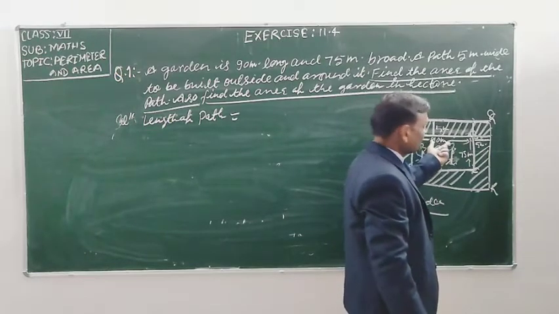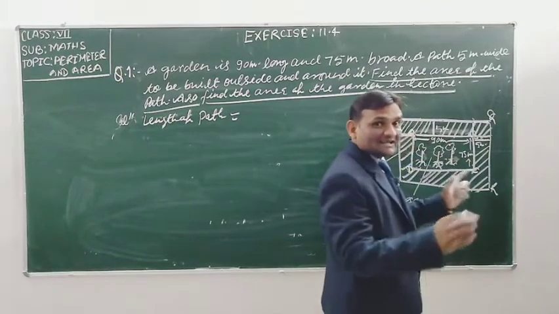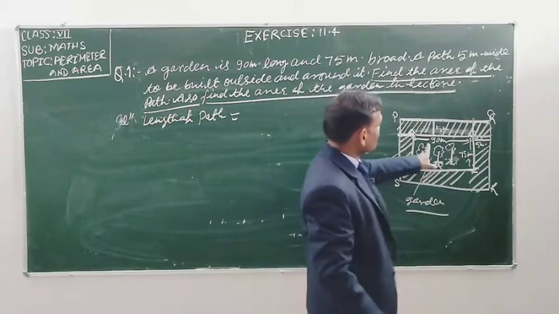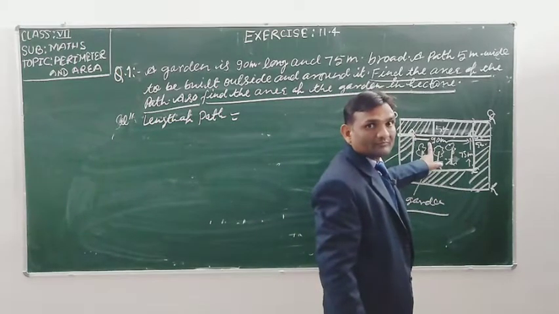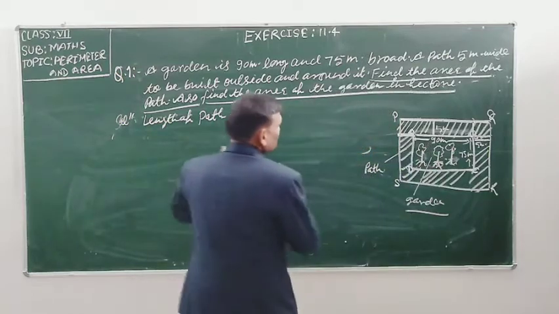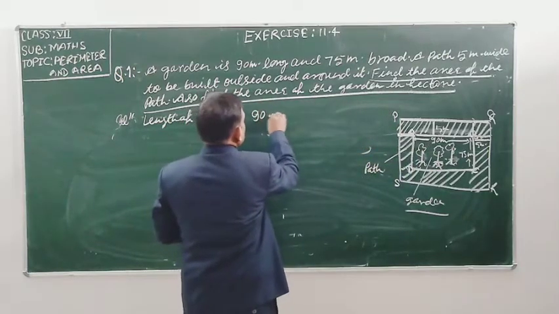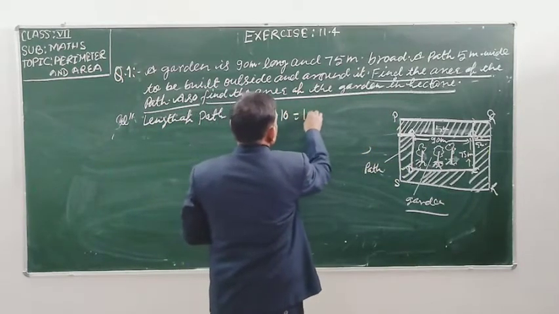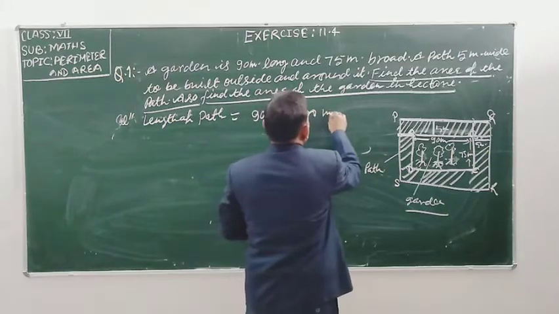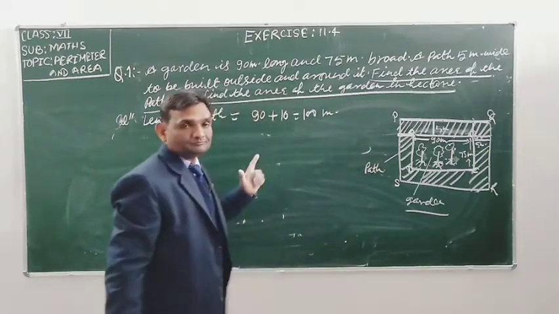It means 10 meter distance is increased in comparison to the garden length. So length of the path is equal to 90 plus 10 is equal to 100 meter. Is it okay, student?